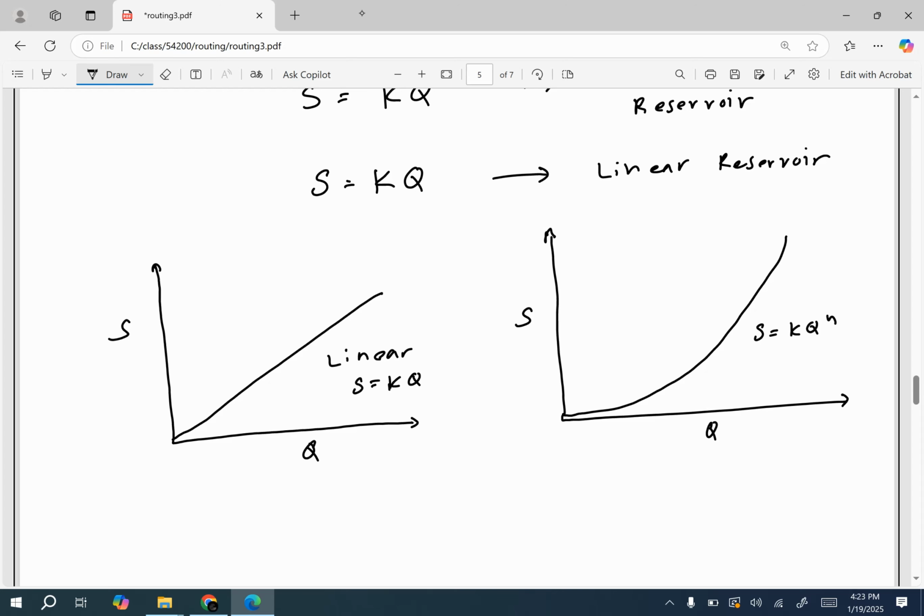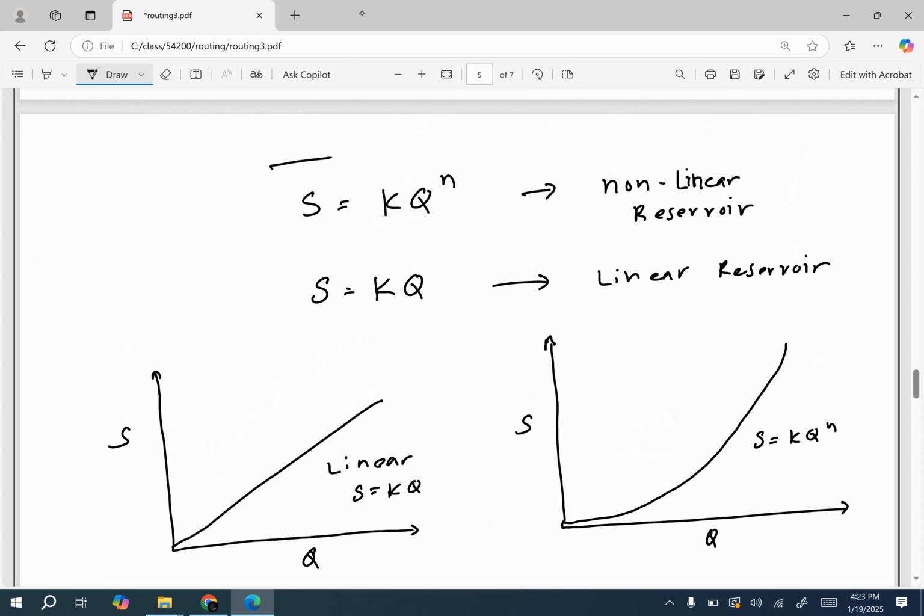I want you to remember these two. When you have a non-linear relationship between the storage and Q, you call it a non-linear reservoir. When the relationship between storage and Q is linear, we have a linear reservoir, and we will be using these terms when we apply different routing methods in the next videos.